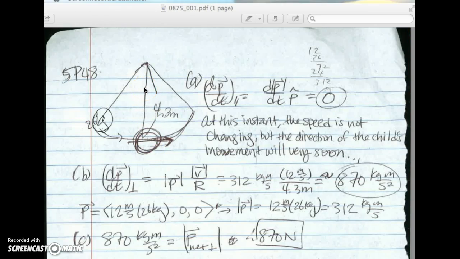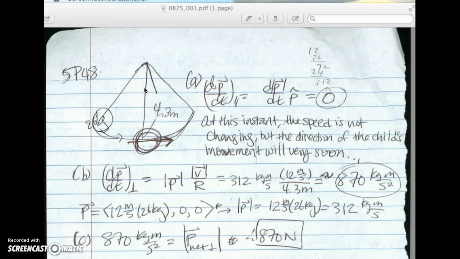Then A asks the parallel component of the change in momentum, dp over dt parallel, which in this case is 0, because the forces acting on this person are only in the vertical direction, either upwards like a tension force or downwards Fg, so there's no force that's slowing down or speeding up this person.